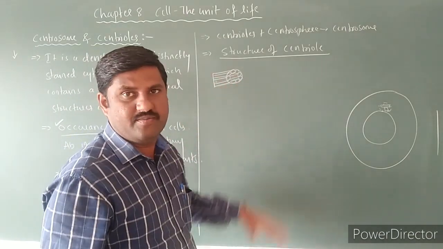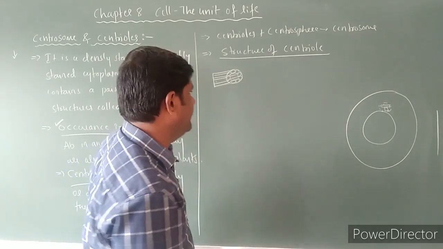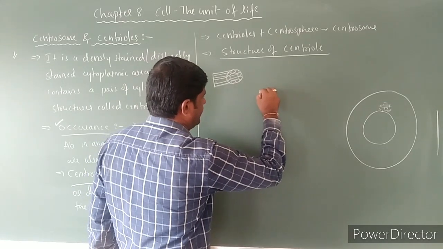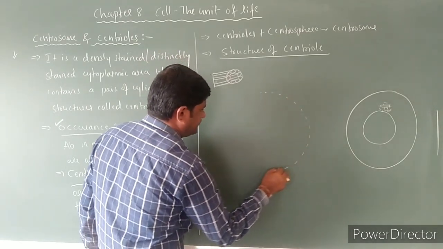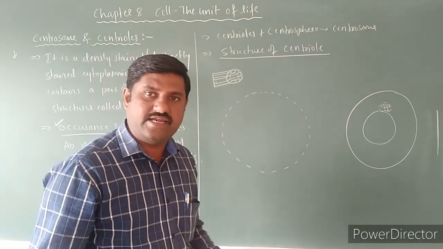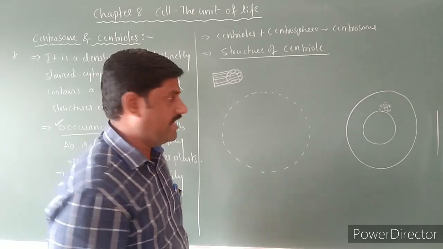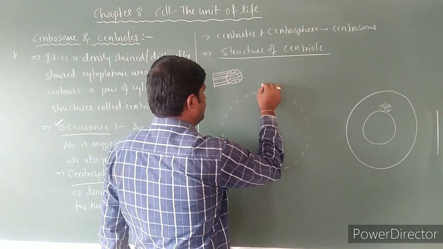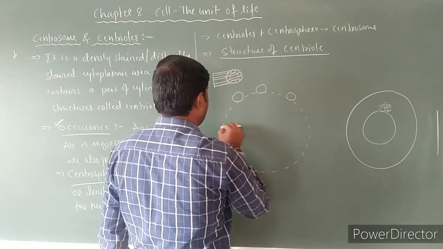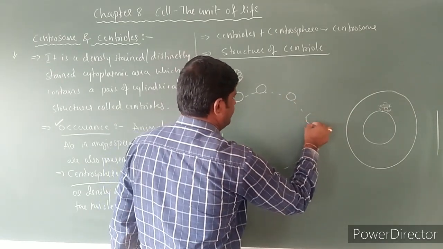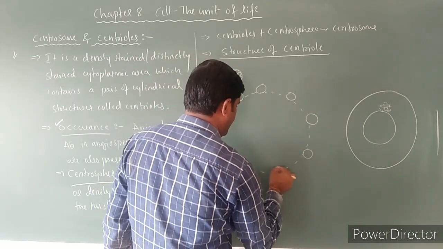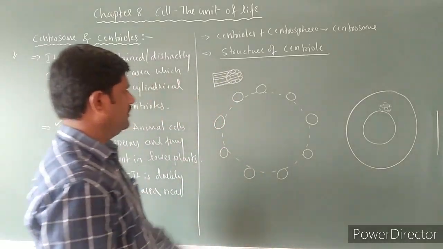Is it very clear? Let us see the same diagram enhanced over here. How are these 9 triplets arranged in the structure? This is one cylindrical structure that contains 9 triplets. See here, this is 1, 2, 3, 4, 5, 6, 7, 8, 9.